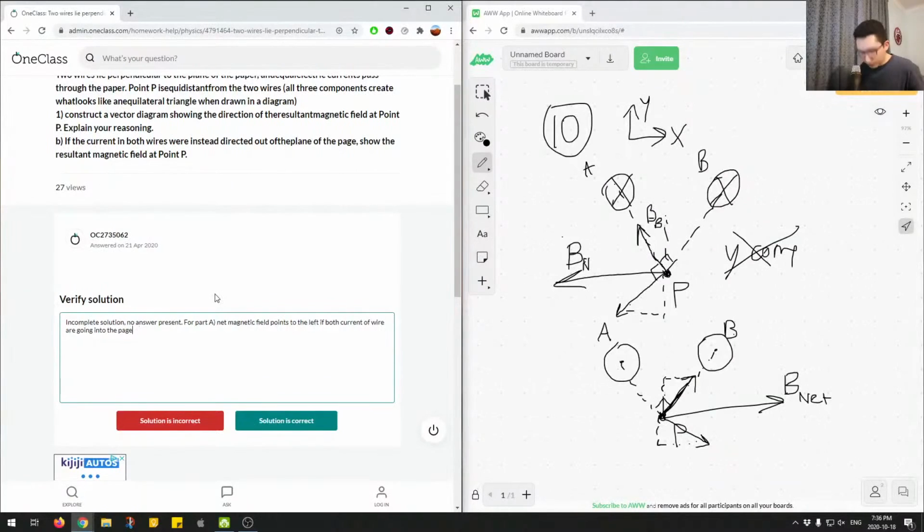For part B, net magnetic field points to the right. And we'll mark this as incorrect.